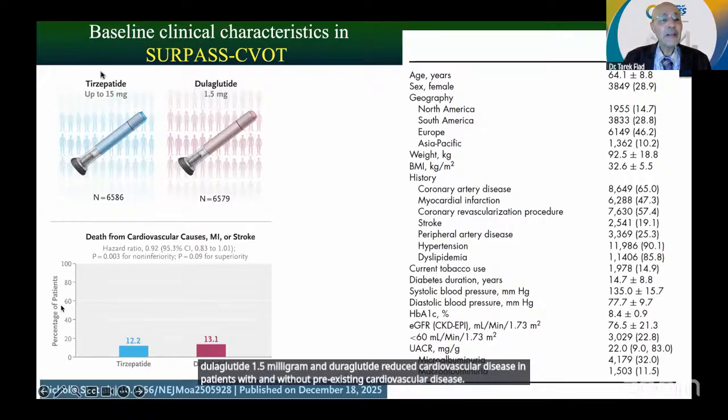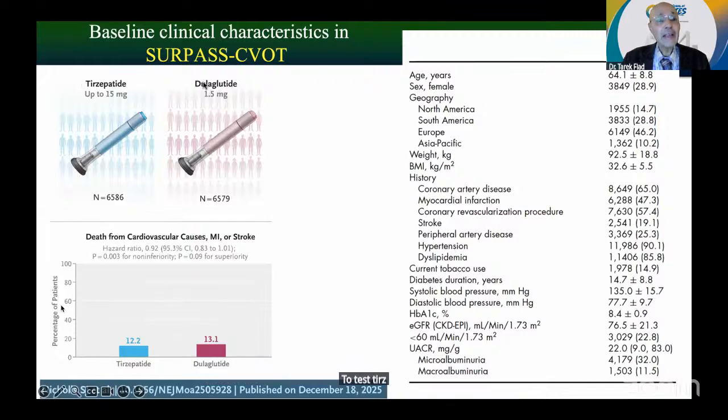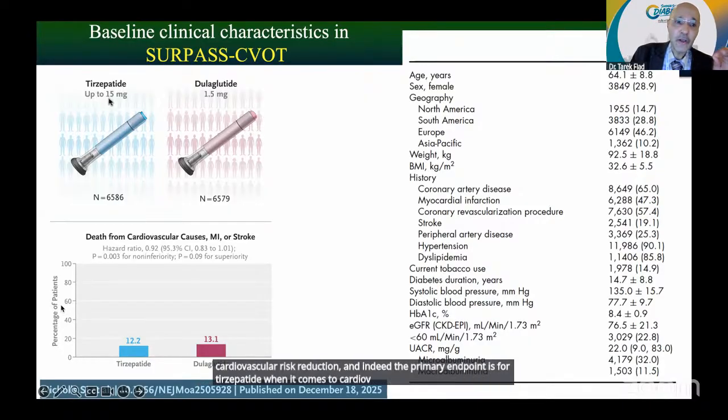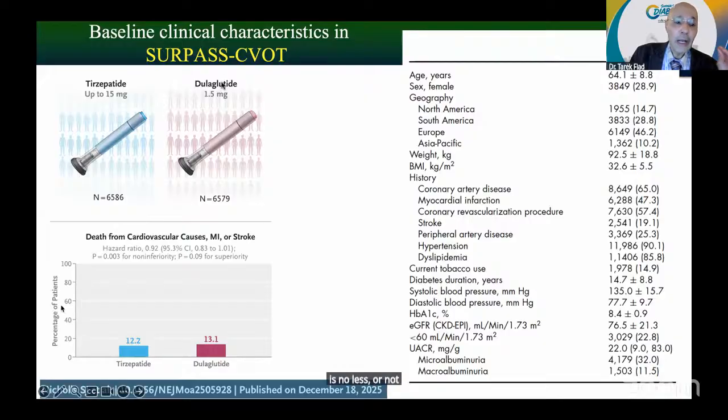So it makes sense to test tirzepatide against a therapy which showed superiority in achieving cardiovascular risk reduction. And indeed, the primary endpoint for tirzepatide when it comes to cardiovascular protection is non-inferiority to dulaglutide. And yes, they achieved that.